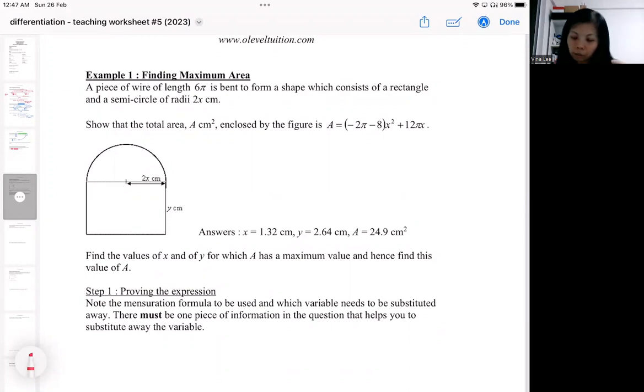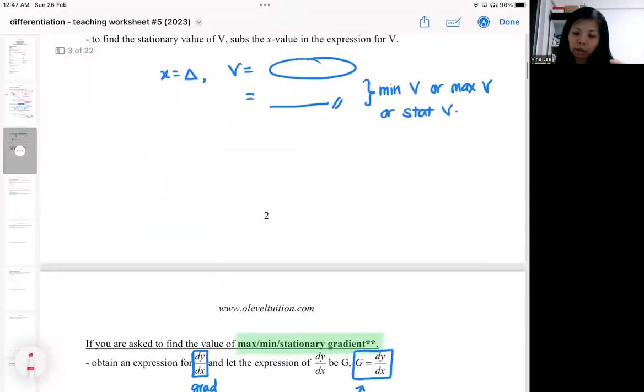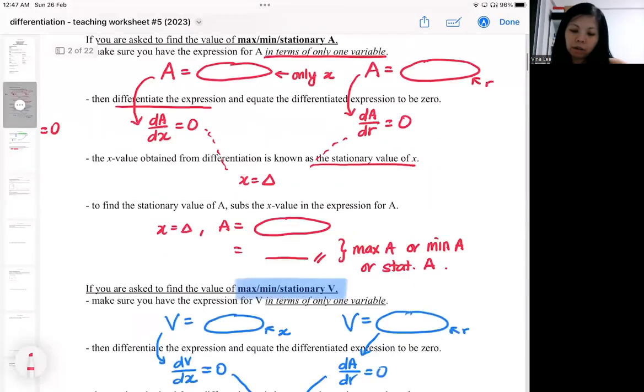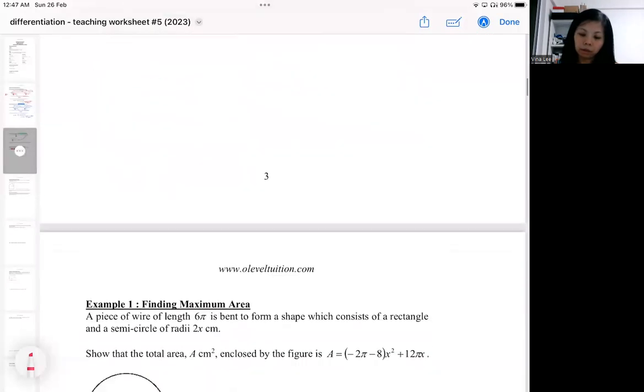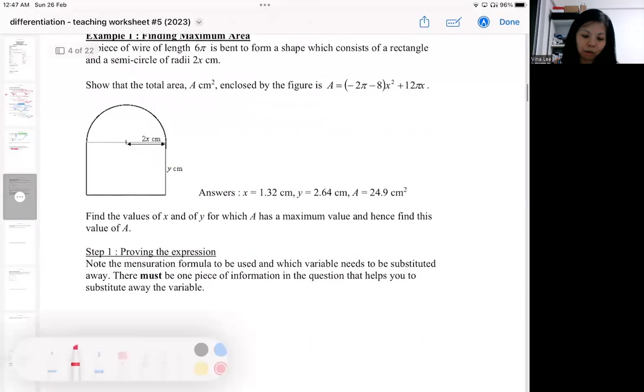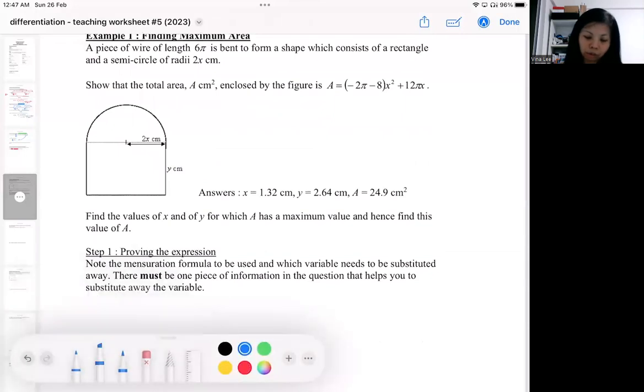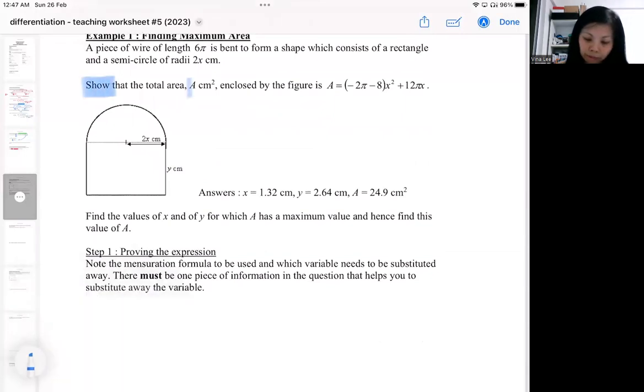So can you see, if you go back to the theory that we mentioned, the area must be in terms of one variable. So in fact, if you take a look, the area that you are asked to show is in one variable. The variable is x.